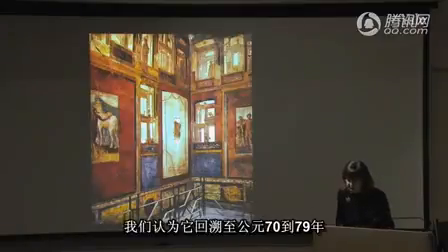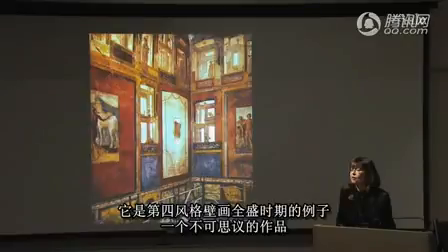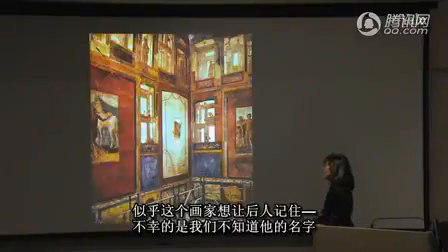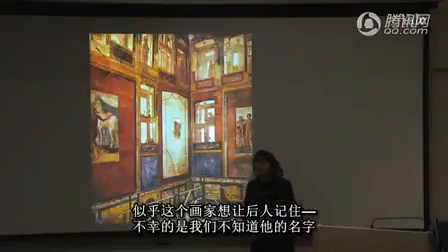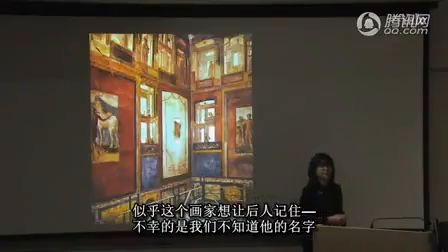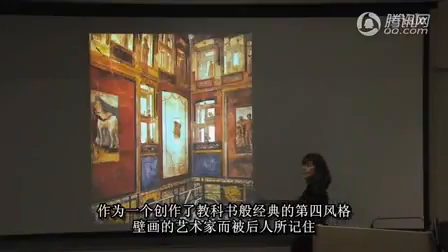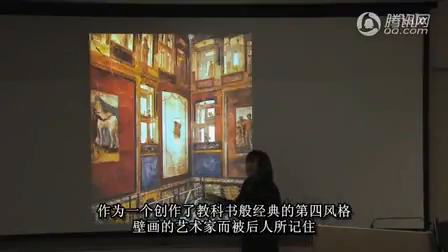We believe it dates to 70 to 79. It is an example of full-blown fourth style at its most incredible. And it's almost as if this artist wanted to be remembered for posterity. We don't know his name, unfortunately, but remembered for posterity as the person who created the textbook example of fourth style Roman wall painting.